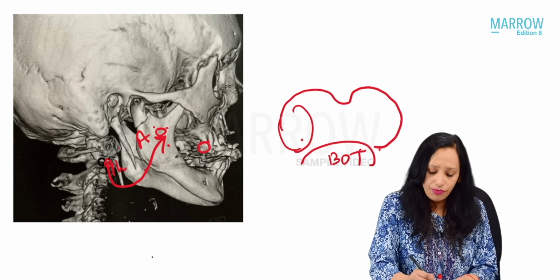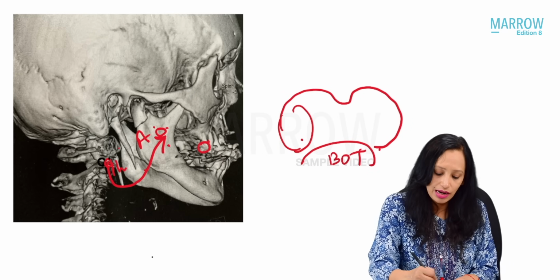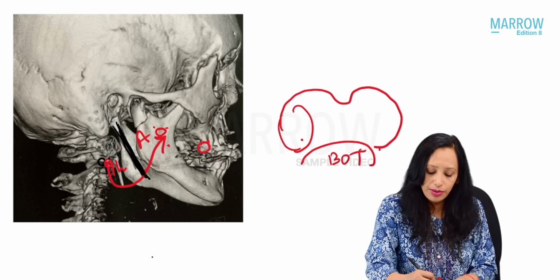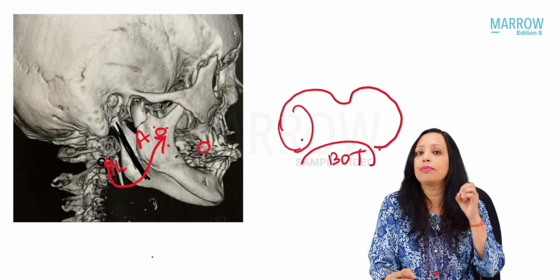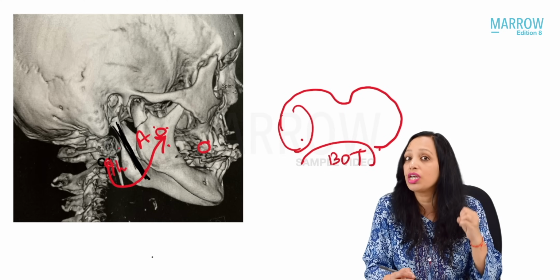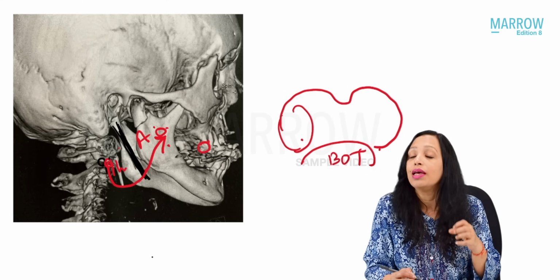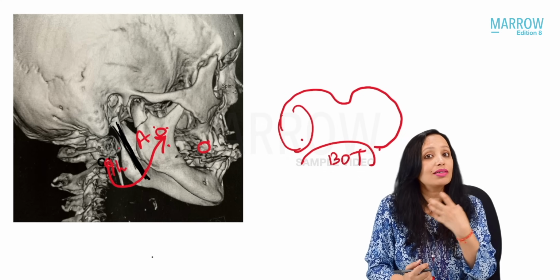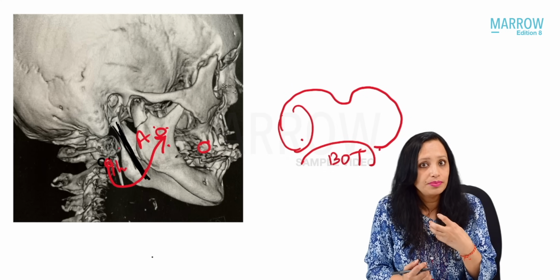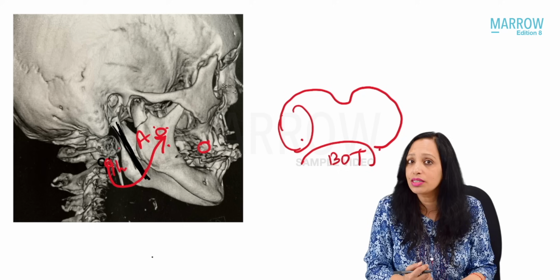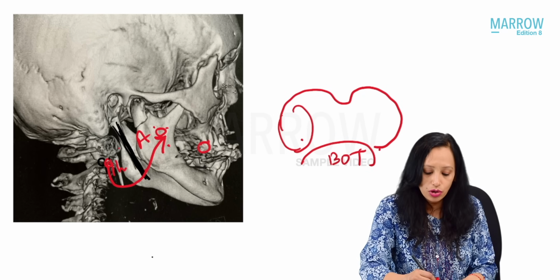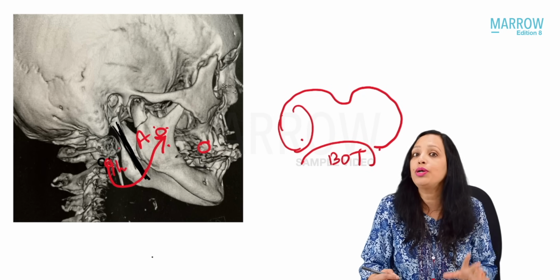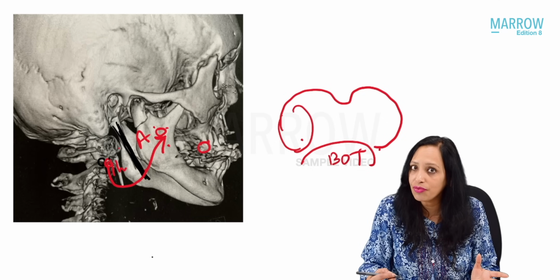So if the styloid process is enlarged and the stylohyoid membrane is calcified, it can impinge on the glossopharyngeal nerve very, very commonly. It can lead to difficulty, painful swallowing, because the nerve supply of the oropharynx is involved. This can also lead to referred pain to the ear, glossopharyngeal nerve involvement.